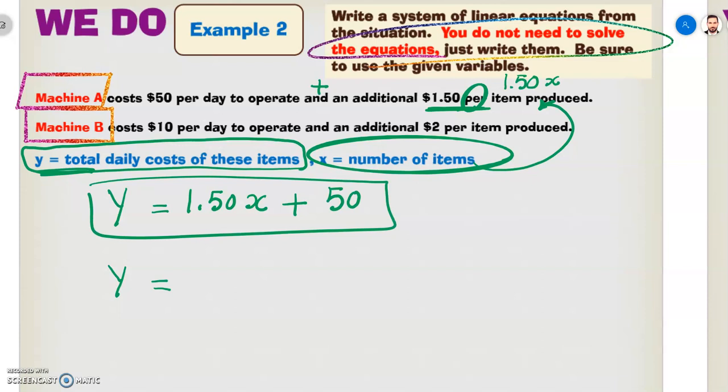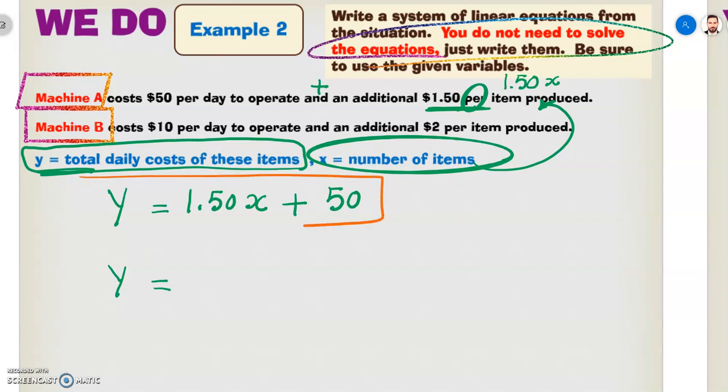I hope you understand equation number 1. Let me highlight it for you in a different color so you can see it. And let's do equation 2. Machine B costs $10 per day. For the day, I have to pay $10. But there is an additional $2 per item, with X as the variable for items.